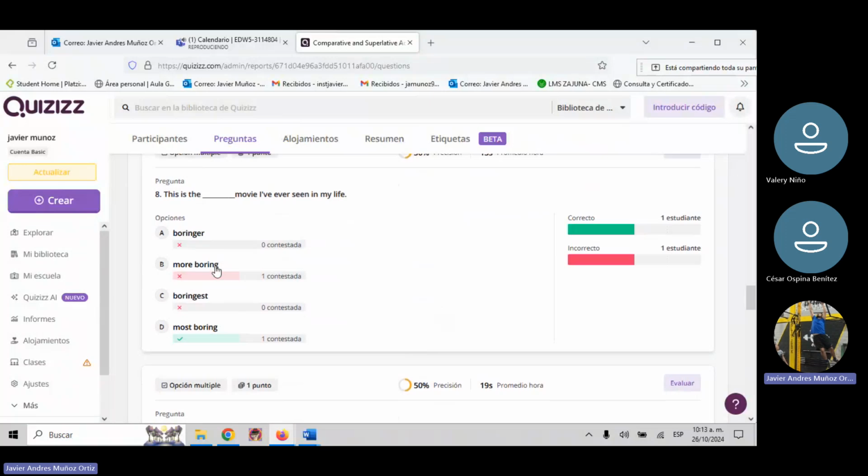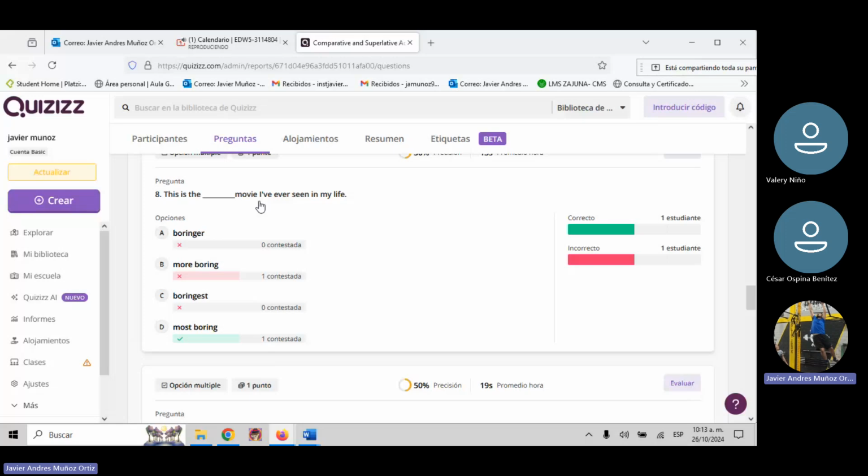In this case, yes, we add more or the most for the adjective, but let's see. You have seen many movies in your life, right? Many of them have been boring. Like, for example, according to what they say on the internet, the Joker Part 2 is very boring because it's a musical. So it's not like movie number one.